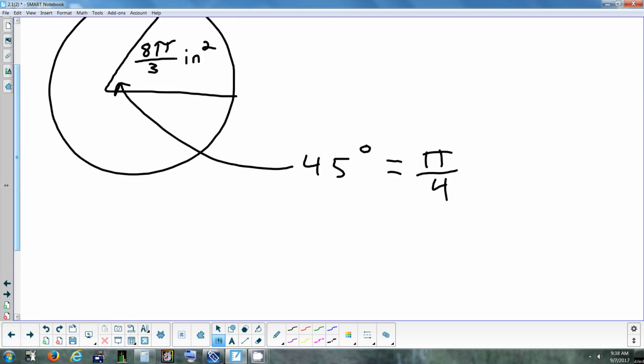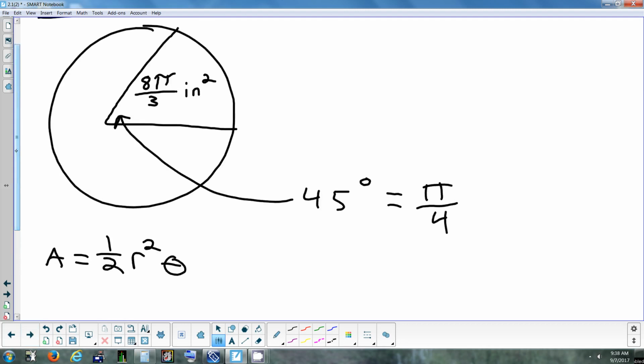How about, Peter, can you remind me what's my formula again for area? A equals r squared theta over 2. Yep, r squared theta over 2, or you can put a half in the front, it doesn't matter. Same thing. Okay, Haley, what is the 8 pi over 3? Is that the a, the r, or the theta?